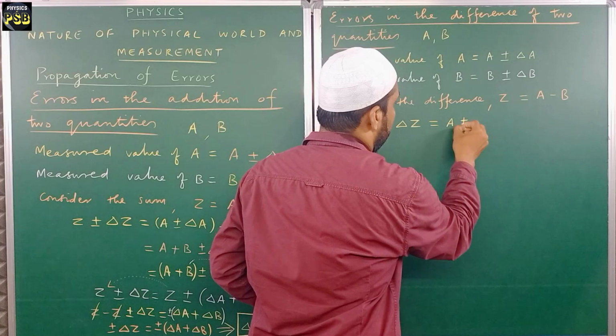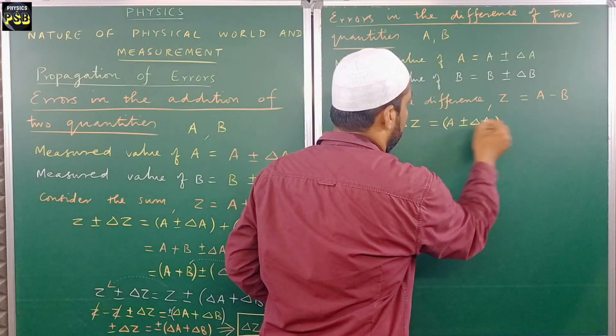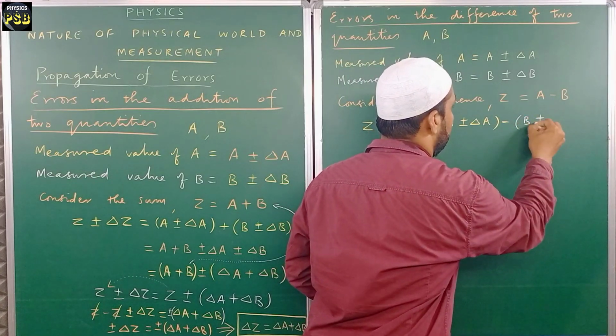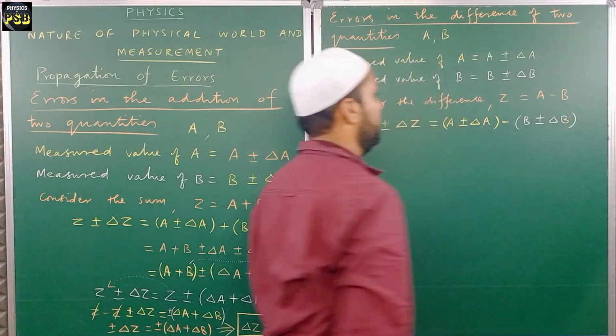A is written as A plus or minus delta A minus B plus or minus delta B.